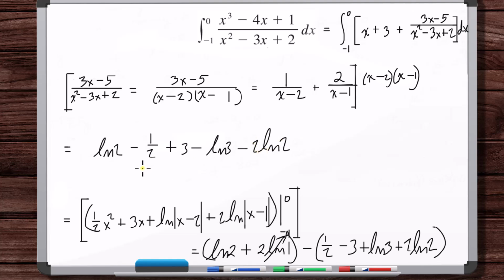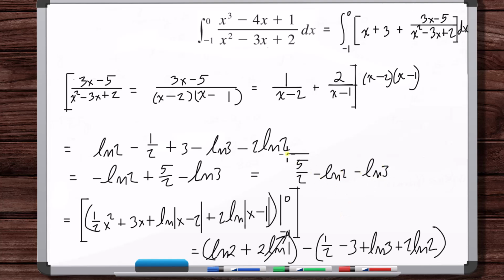Minus 1/2 plus 3 is minus 1/2 plus 6/2, so 5/2. Natural log of 2 minus 2 natural log of 2 is minus natural log of 2, plus 5/2 minus natural log of 3. So we've got 5/2, or no. Yeah, no, that's right. Minus natural log of 2 minus natural log of 3.